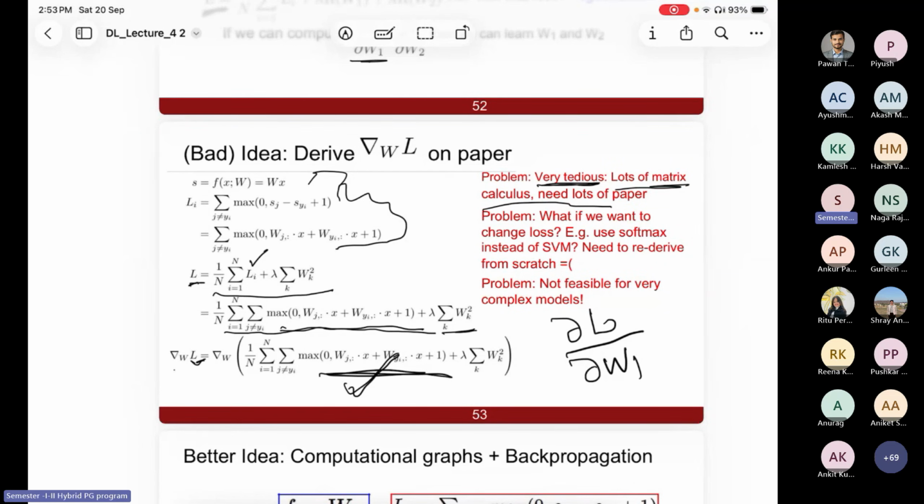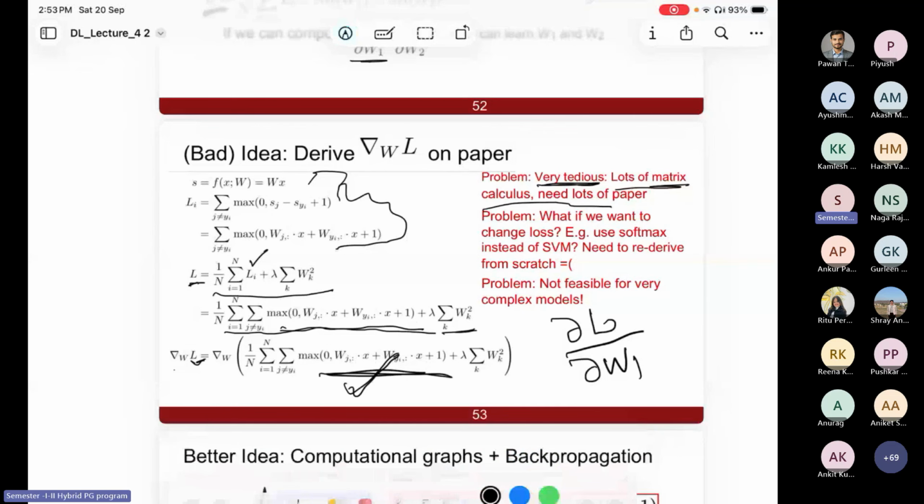This is not a feasible solution, because every time something changes, you have to derive this gradient expression again. So this is not a good idea, because it takes a lot of time and is a very tedious task.